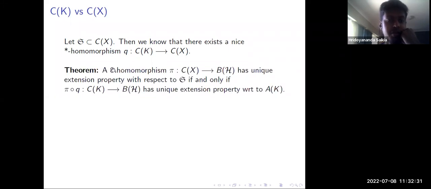It should be a star homomorphism. So I want to classify all the star homomorphisms defined on this C-star algebra C of X which have the unique extension property with respect to the operator system S.